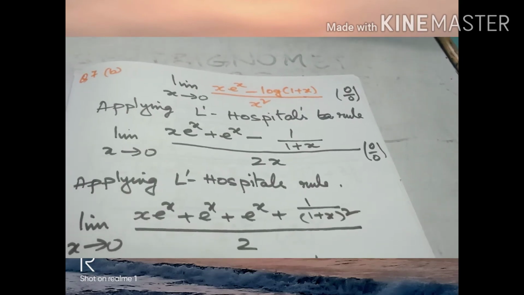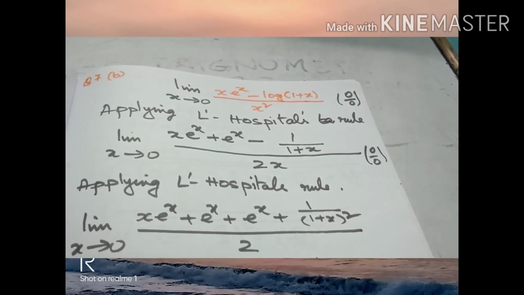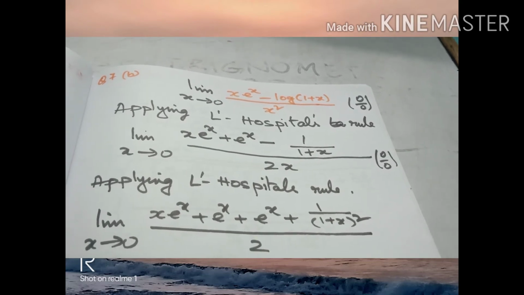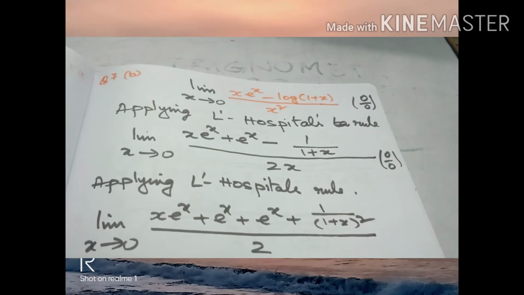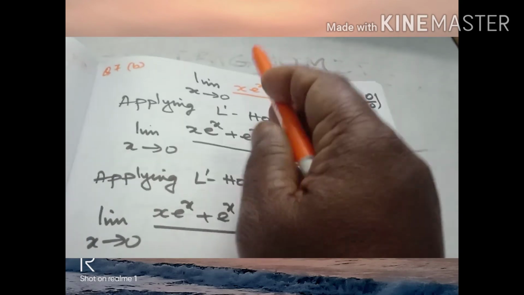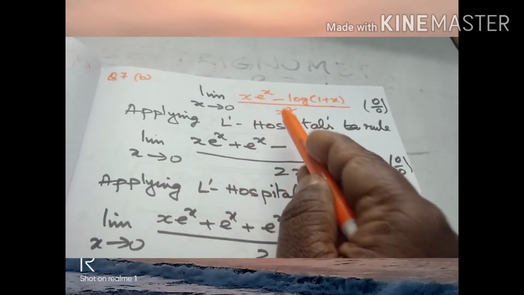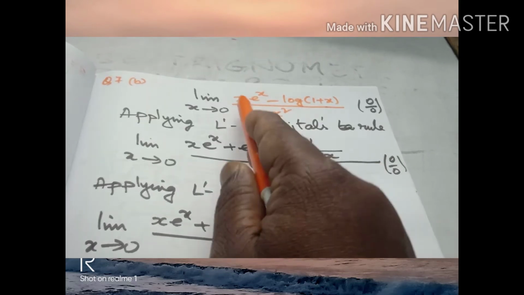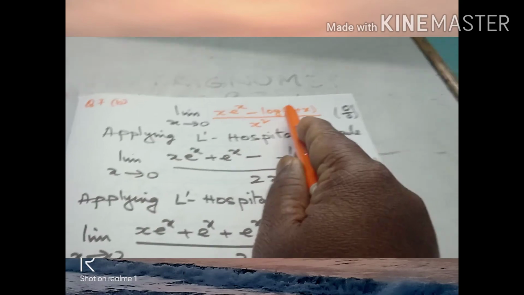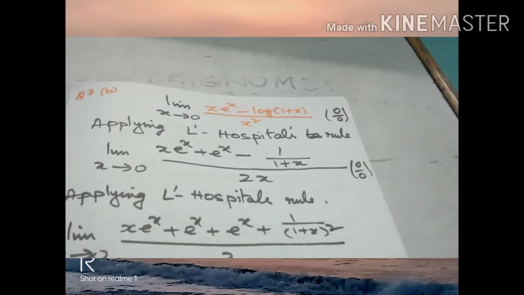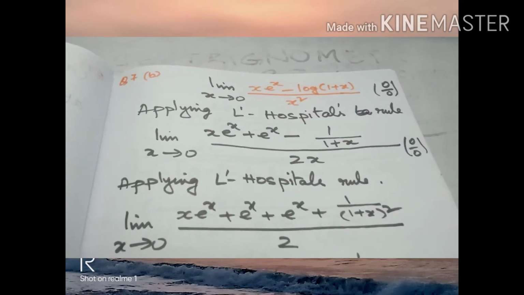Question number 7b is a question of L'Hospital's rule. We see that it is in the form 0 by 0, so we find the derivative here, x e to the power x. The derivative of e to the power x is e to the power x, so applying u into v here. Log x, 1 plus x, whose derivative is 1 by 1 plus x.